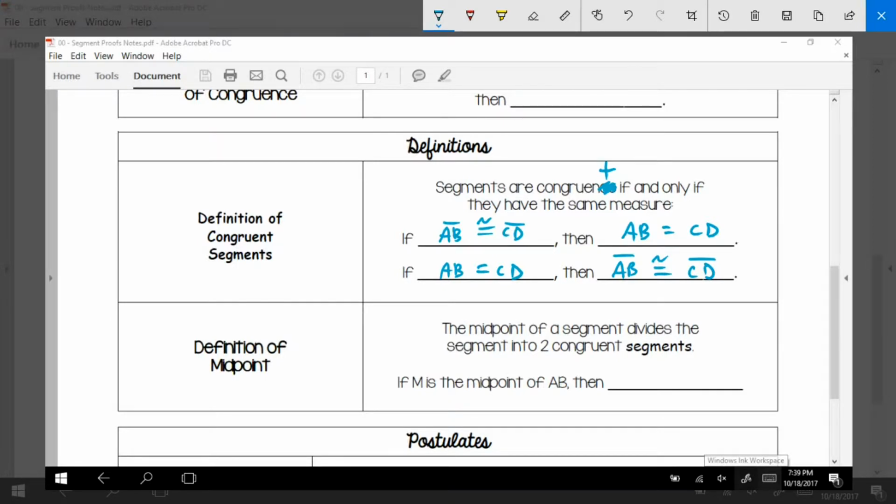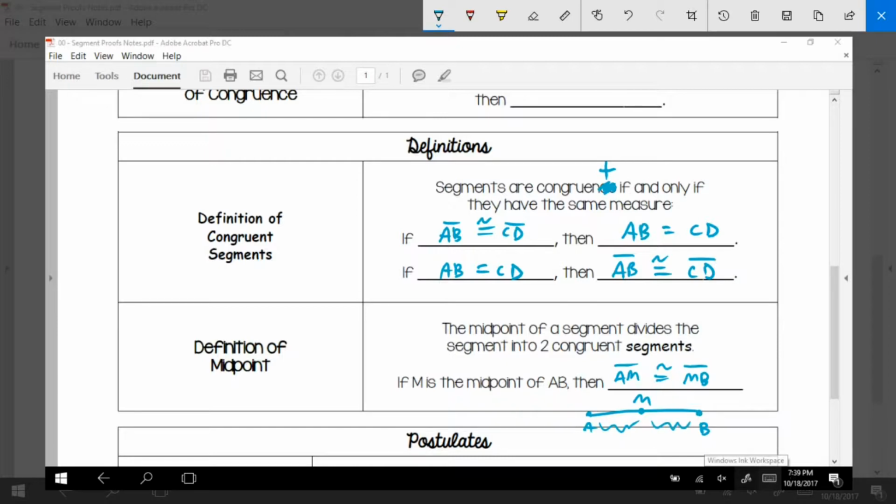All right, now the definition of midpoint. This one should be a review, y'all. The midpoint of a segment divides the segment into two congruent segments. So if M is the midpoint of AB, let's draw ourselves a little picture: A, B. If M is the midpoint of AB, then AM, that's this section, is congruent to MB, that's this section.